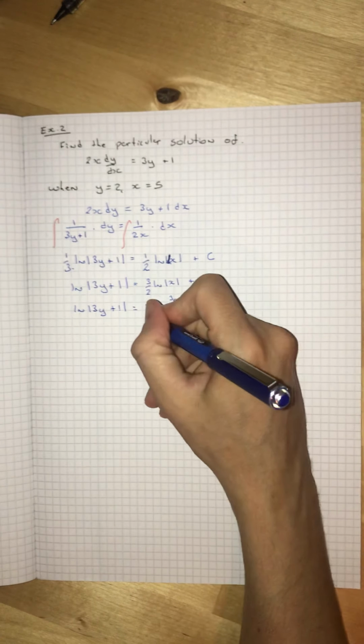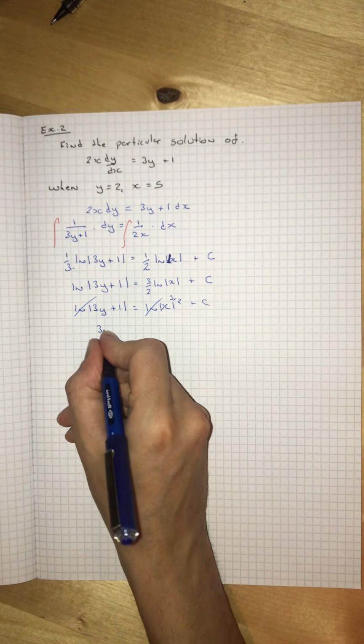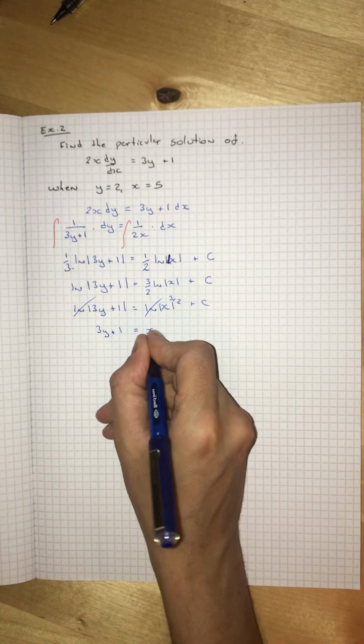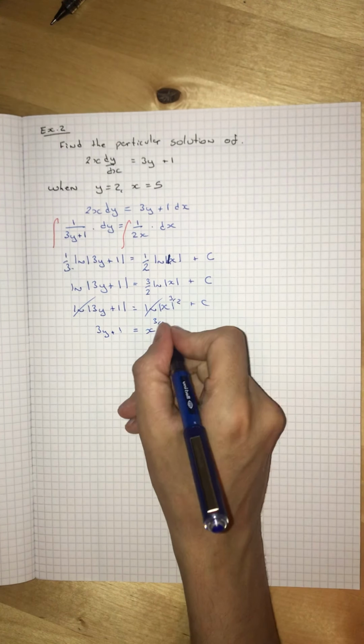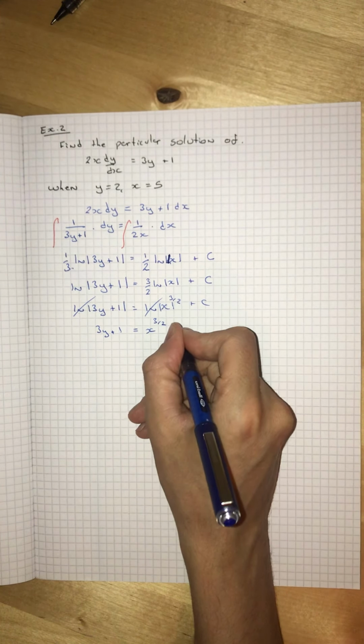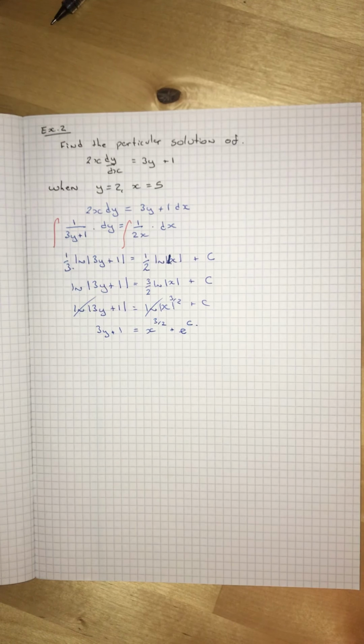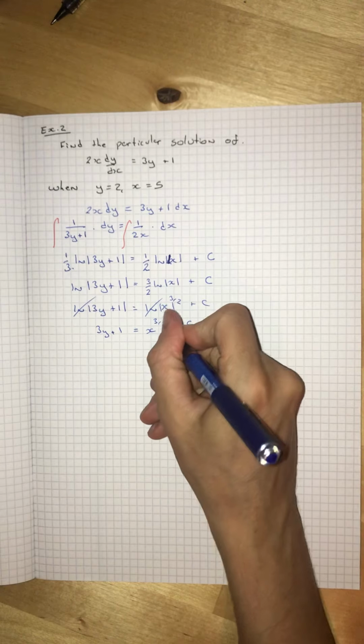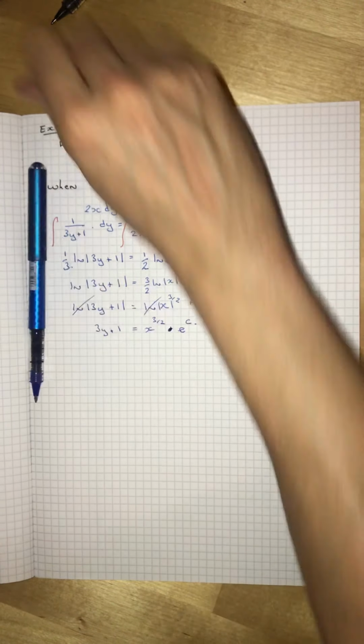Logs on both sides, so get rid of them. So we get 3y plus 1 equals x to the power 3 over 2, because I've taken the exponentials to get rid of everything, times e to the power c.